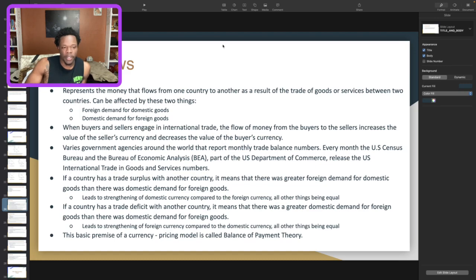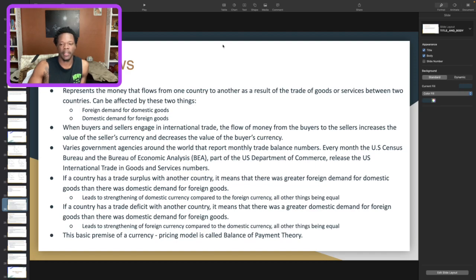It also happens when buyers and sellers engage in international trade. The flow of money from the buyers to the sellers increases the value of the seller's currency and decreases the value of the buyer's currency, right? Now this varies from government agencies around the world that report monthly trade balance numbers.